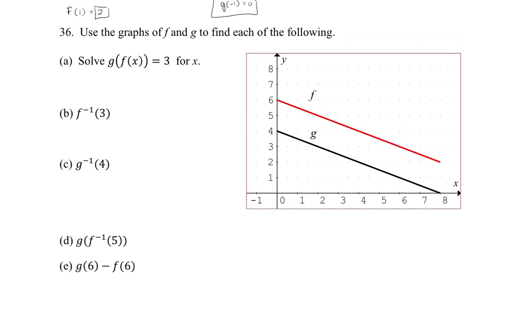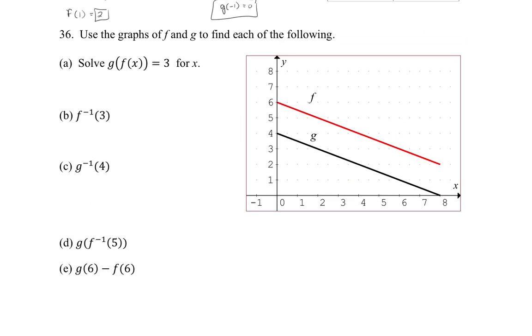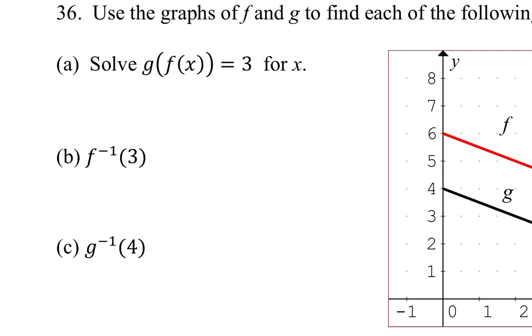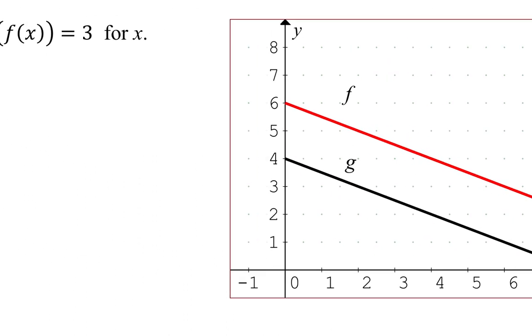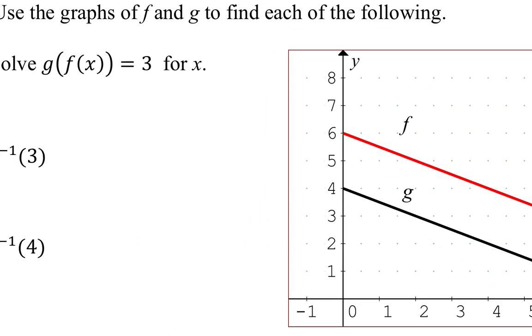Now for 36, we want to use the graphs of f and g to find each of the following. So first, we have g of f of x is equal to 3. Solve for x. In order to find that, I'm just going to draw on the graph and determine when g is 3.